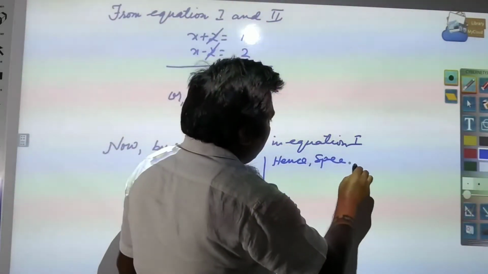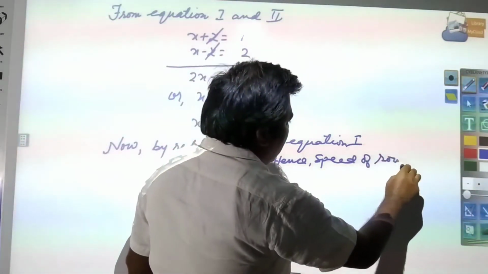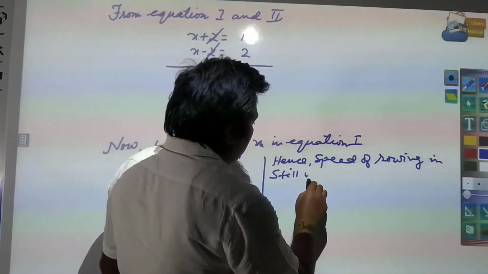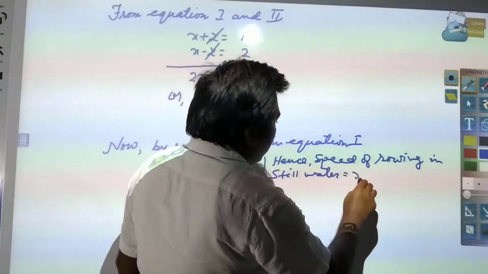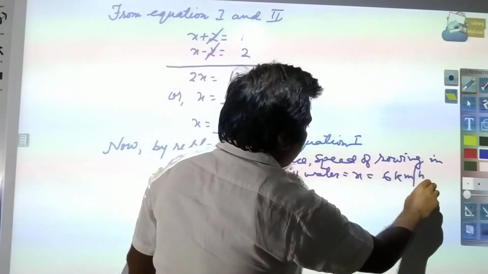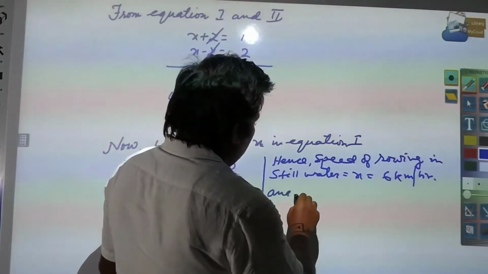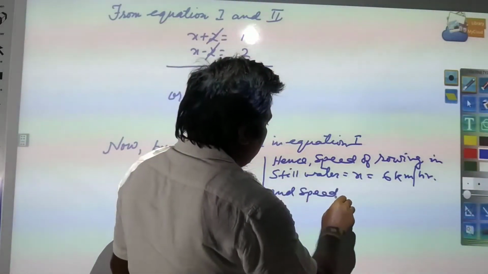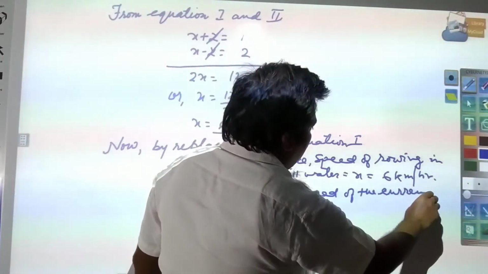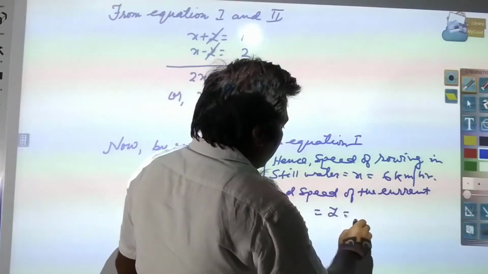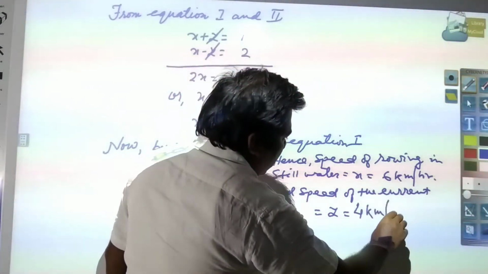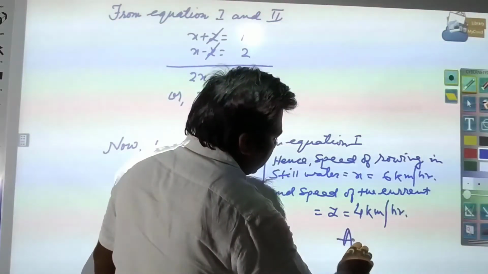Speed of rowing in still water is equal to x, and that is equal to 6 km per hour, and speed of the current is equal to y, and that is equal to 4 km/h, and this is your answer.